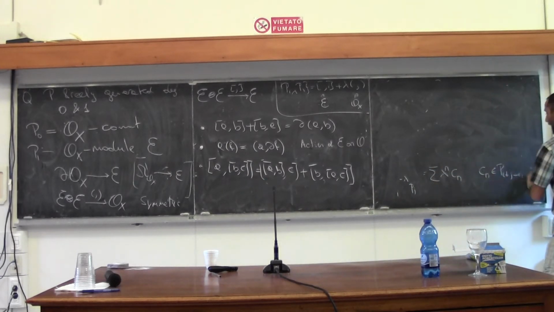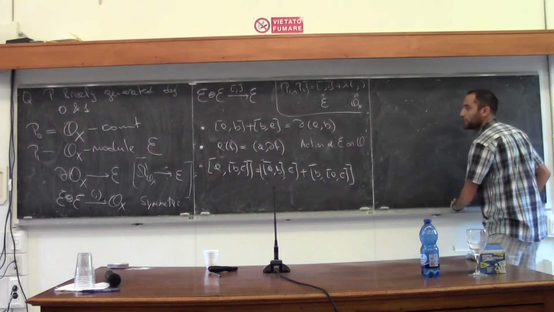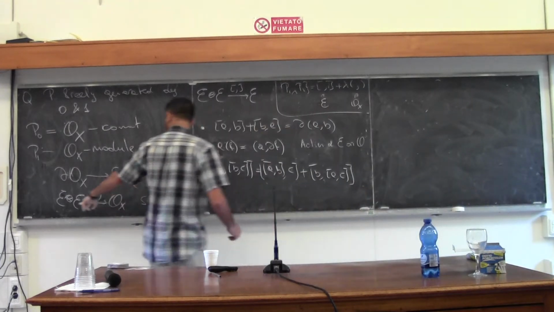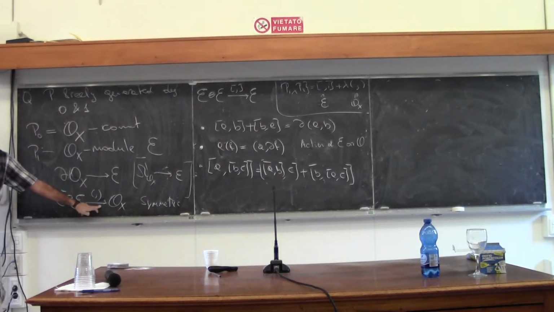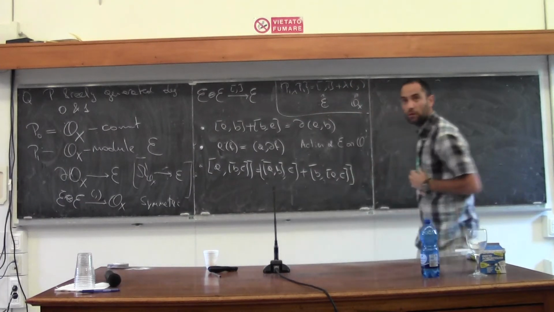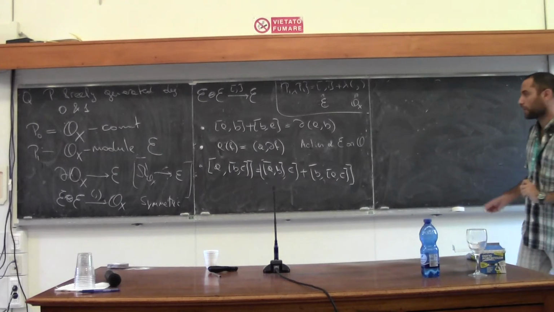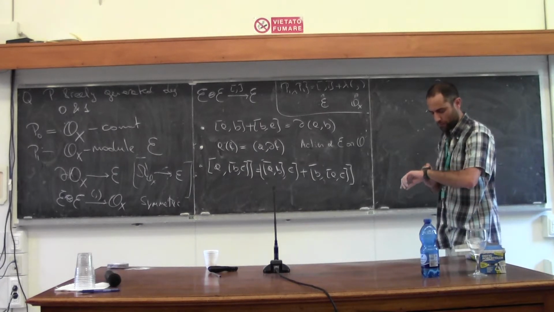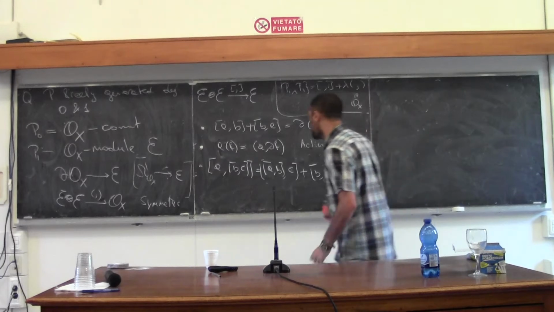But I have a pairing, and now I want to check whether or not this pairing is invariant. I have this pairing on this Lie algebra, and I want to check if it satisfies some invariance condition. And for this, I need to check out the Leibniz rule. Okay, let me finish. I'll just take 1 more minute. The invariance condition is as follows.